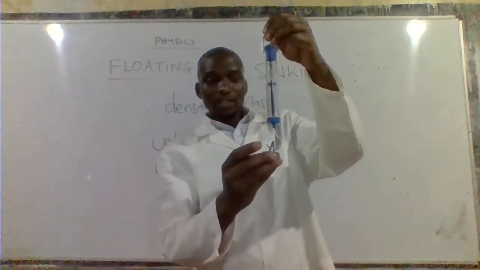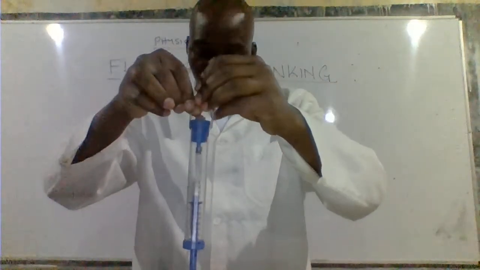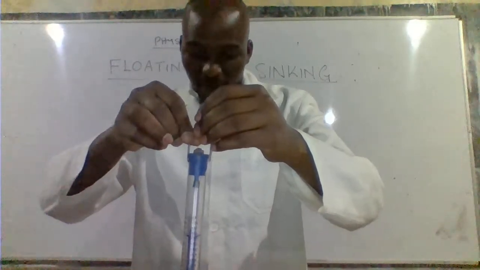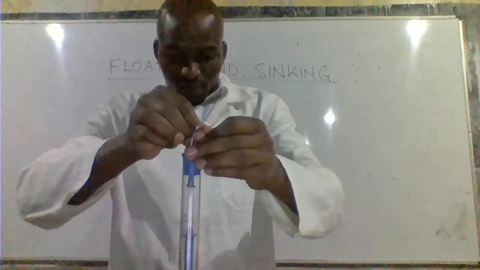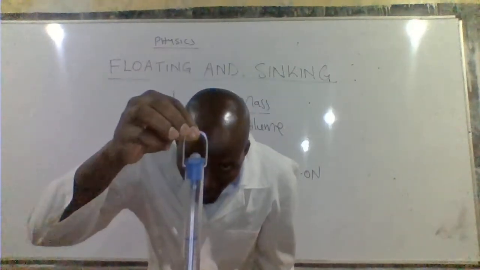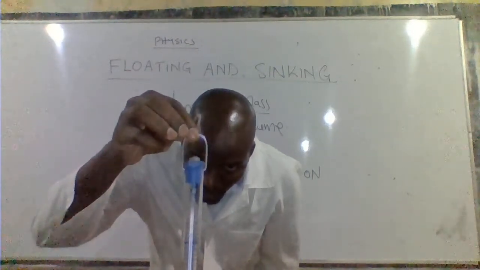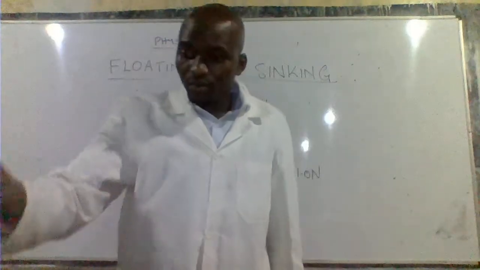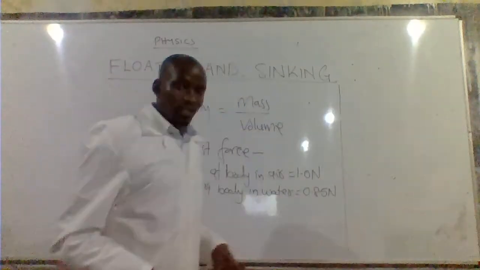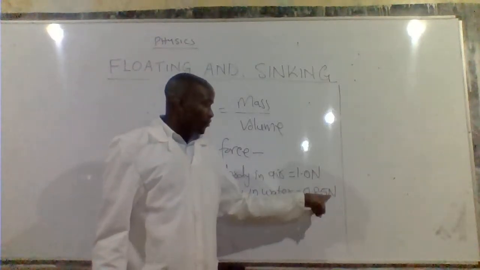So I'm going to hang it here, and I'm going to immerse it gently and ensure that it is completely immersed in water. I'm going to take its reading. I have gotten its weight when completely immersed in water as 0.8 newtons.